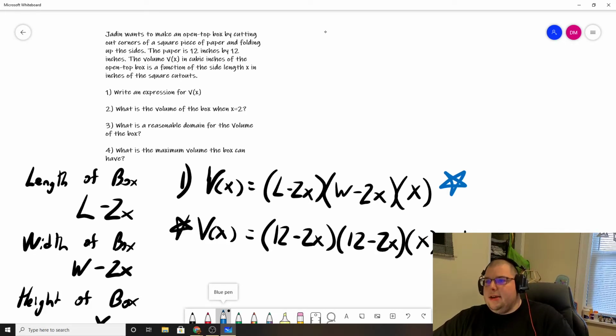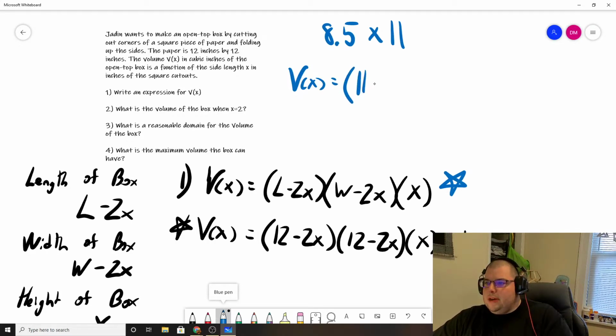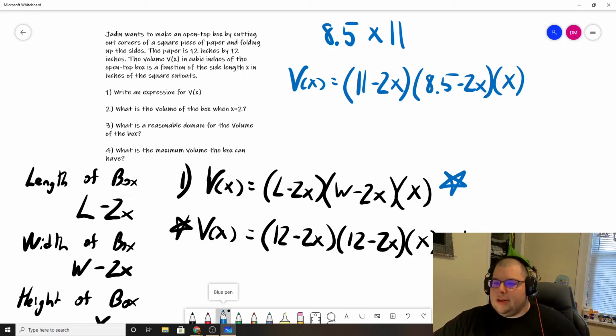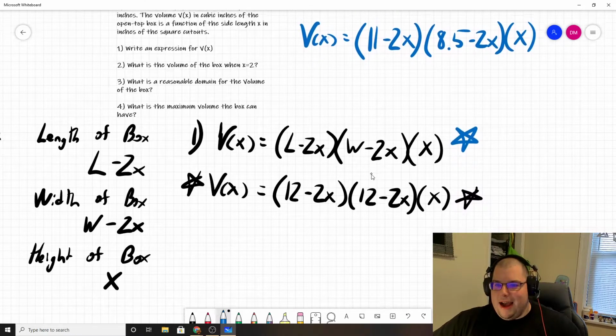So if you had a standard sheet of paper that was 8.5 by 11, your formula for your volume using a standard sheet of paper would be 11 minus 2x, your length minus 2x, times your width minus 2x, times your height. And so that blue formula would be for a standard sized sheet of paper. So every time your length and width of your material changes, your L and your W will change with it. Now I'm going to keep going with the problem I have.